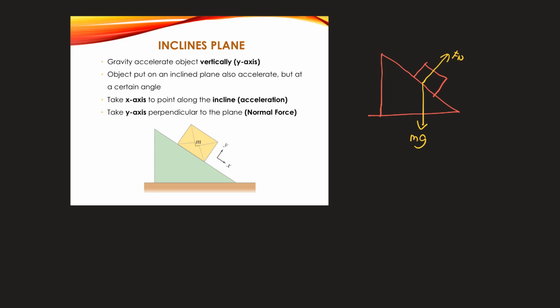Now to make it easier, you need to change your axis a little bit, where this is your y and this is your x. You can tilt it and put it with a horizontal x and vertical y, but it's quite complicated in certain questions where students might get confused. So I'm encouraging students to choose this axis as your Newton's law axis.